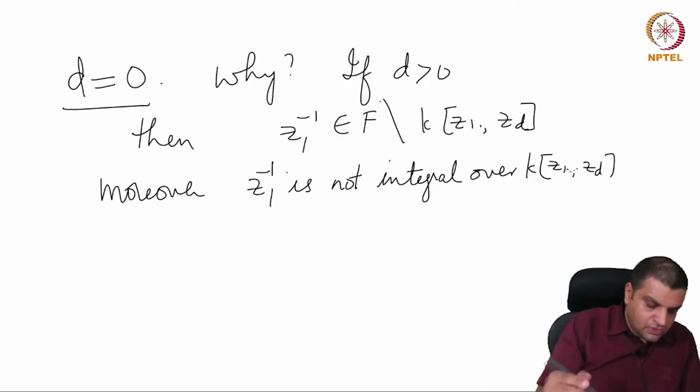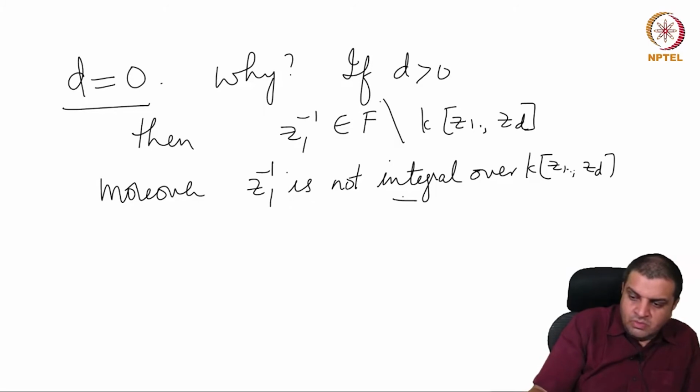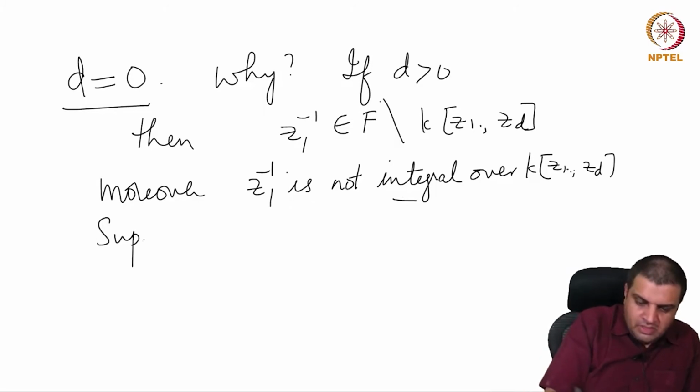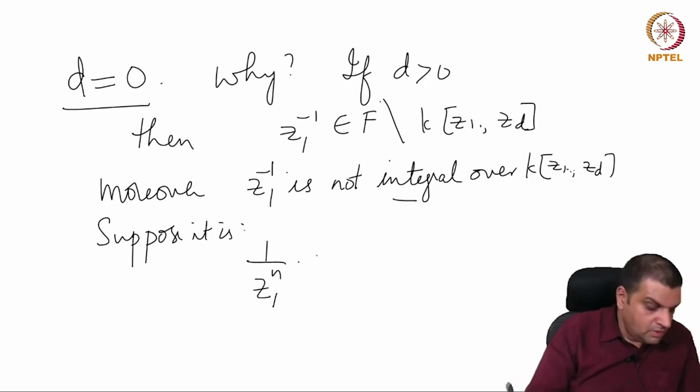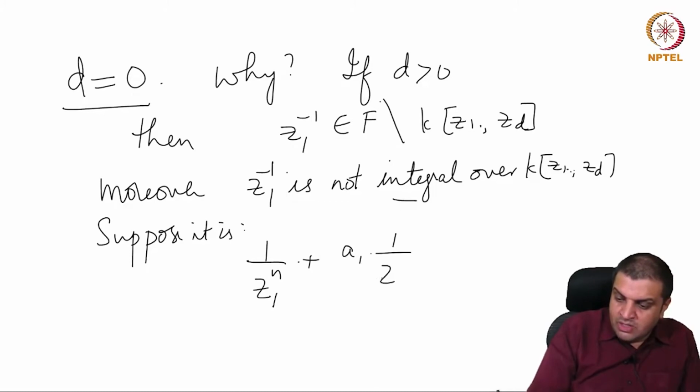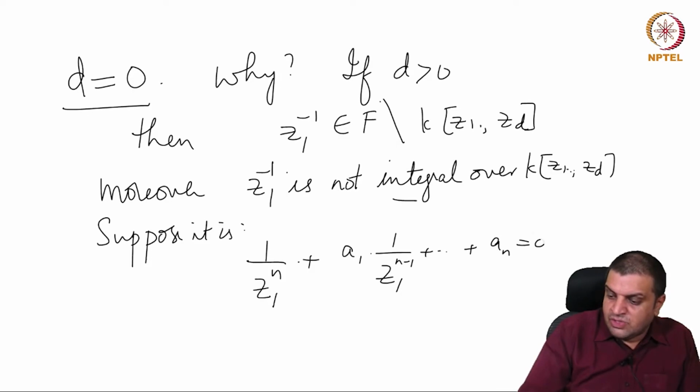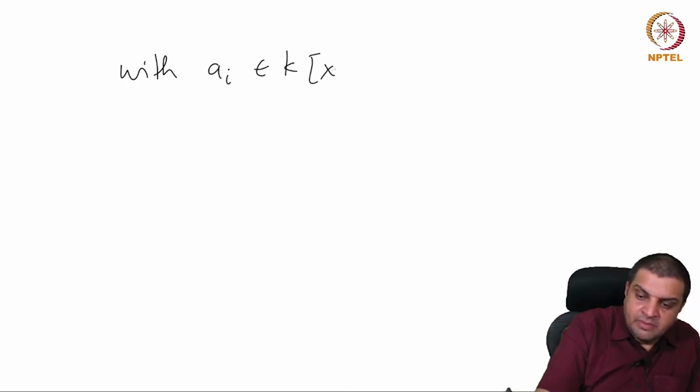Okay. So suppose it is so. Suppose it is, by way of contradiction. Then we would get something of the form 1 over z1 to the n plus a1 times 1 over z1 to the n minus 1, and so on, plus an equals 0, with the ai inside the subring.